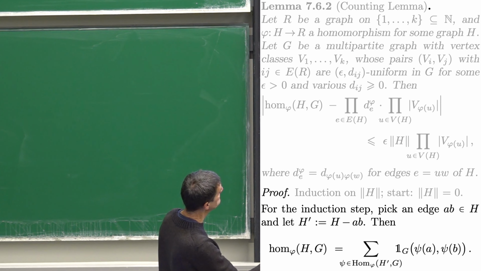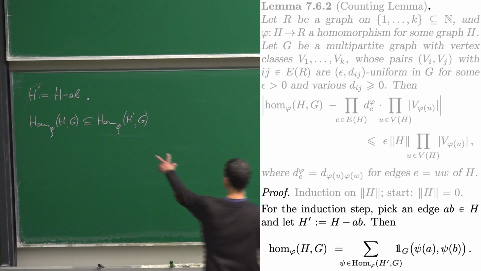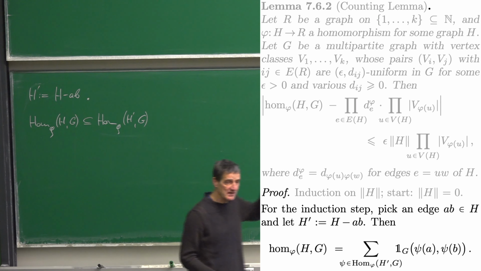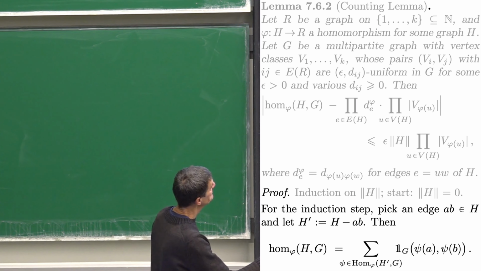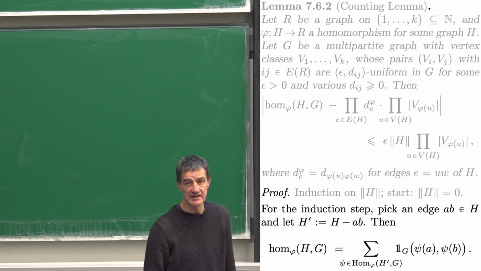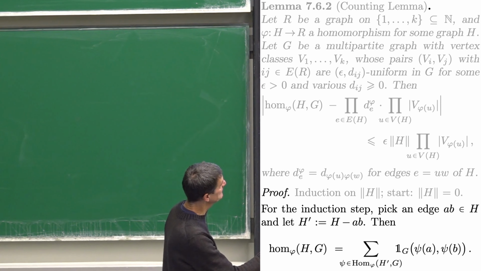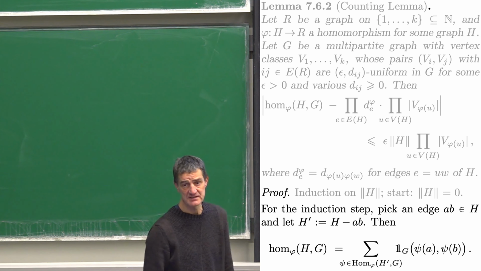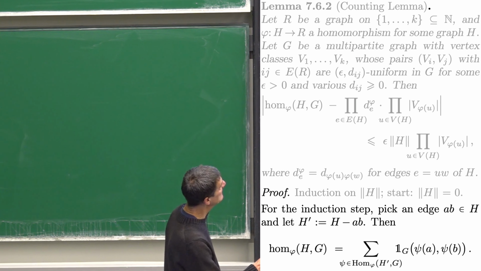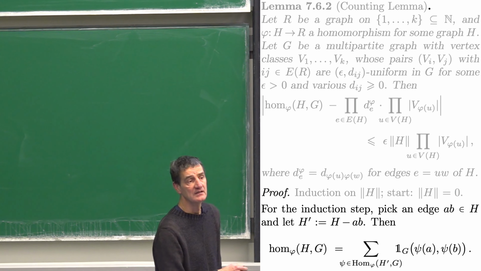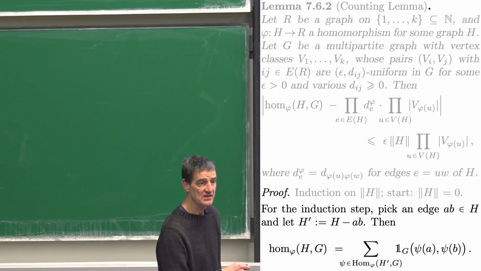We're summing over all the little psis in here, and then we look at psi of A and psi of B. And we count 1 if psi of A and psi of B happen to be an edge of G. That's the definition of this funny indicator function here. This is a function on the pairs of vertices of G, and it assigns to a pair the value 1 when these vertices are adjacent and 0 otherwise.